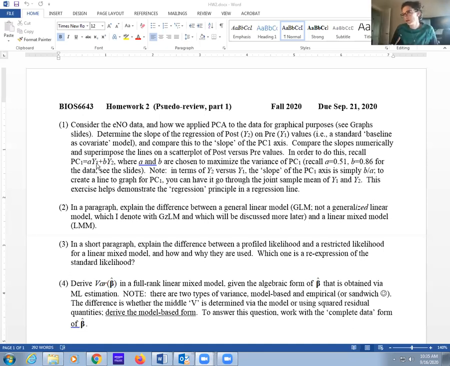Can I ask something related? What classes at the school actually teach you how to do principal components, not just interpret them, but actually execute them? That's a really good question. I don't know the answer to that.